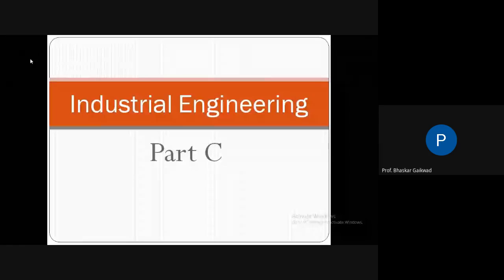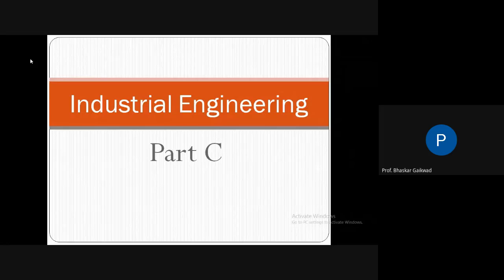Okay. Now we'll start the part of industrial engineering. Last time we went through the different types of charts: the outline process charts, then flow process charts, and multiple activity charts.